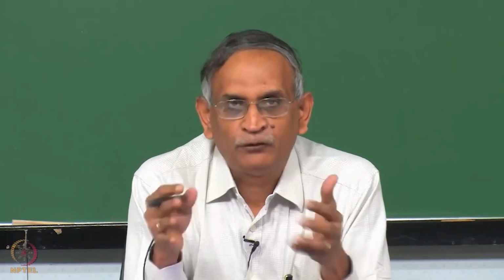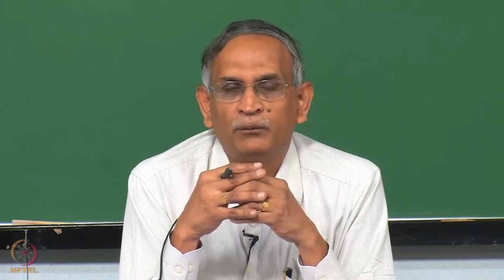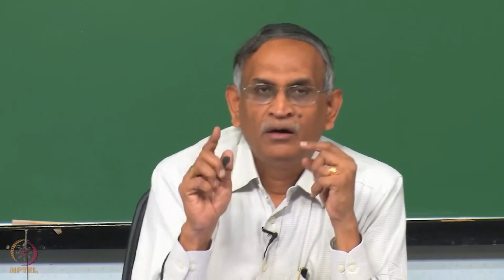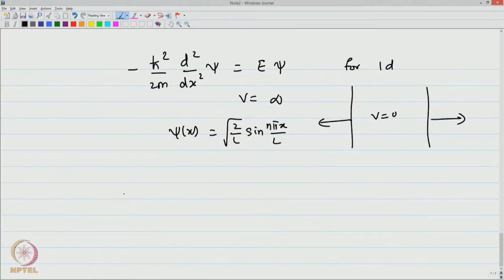Therefore, the Hamiltonian does incorporate the boundary conditions through the infinite potential, and it is not just p square by 2m, it is p square by 2m plus the boundary, and that particular operator obviously does not commute with the operator p. Therefore, the eigenfunctions of the operator p and the eigenfunctions of the operator p square are not the same. On the other hand, if there is no finite boundary, you remember psi of x is A e to the i k x. If we take this as an eigenfunction, this is a solution of this operator also.